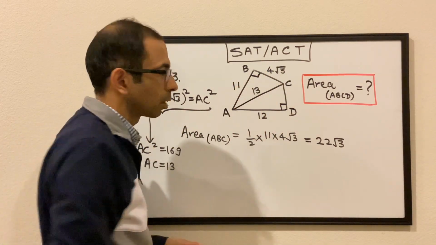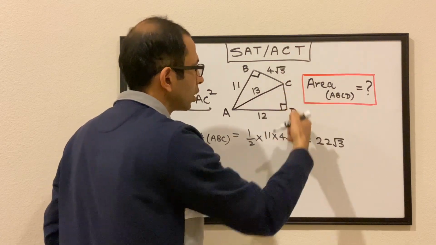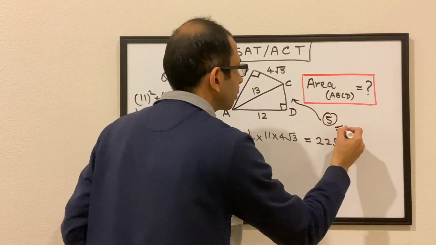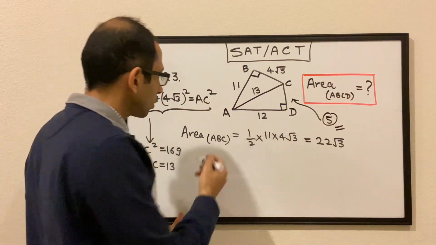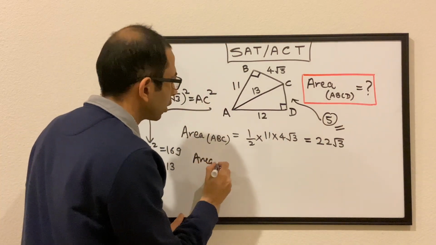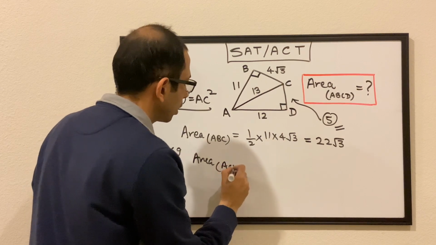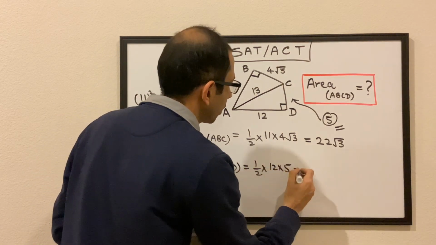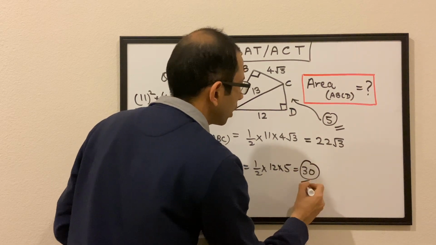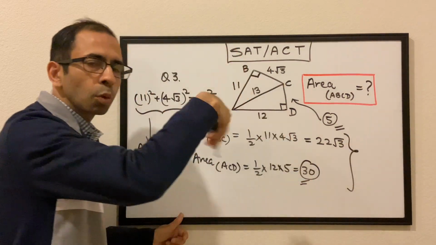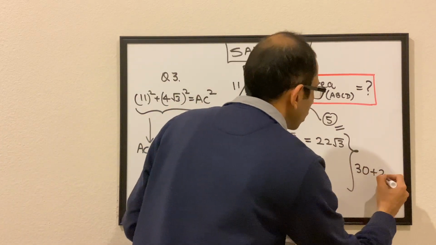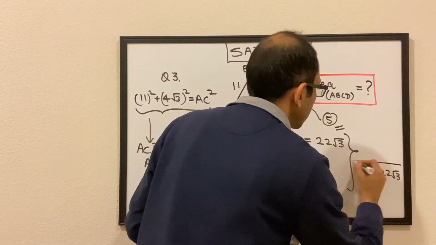We can again use Pythagoras theorem here to get the value of CD, and this comes out to be 5. So the area of ACD is half times 12 times 5, which is 30. So the total area of the entire figure is 30 plus 22 root 3.